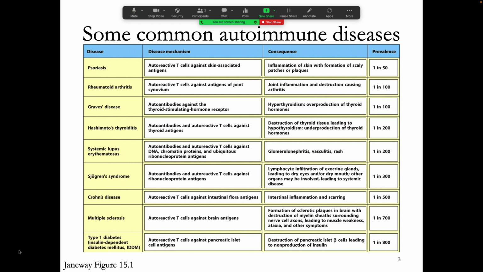Last time we said, oh, they're not very common if we think about just central tolerance. But now we added peripheral on top, and it's like, okay, but then how do we fall through those cracks? To the point of 1 in 50 people having psoriasis, or 1 in 100 having rheumatoid arthritis.